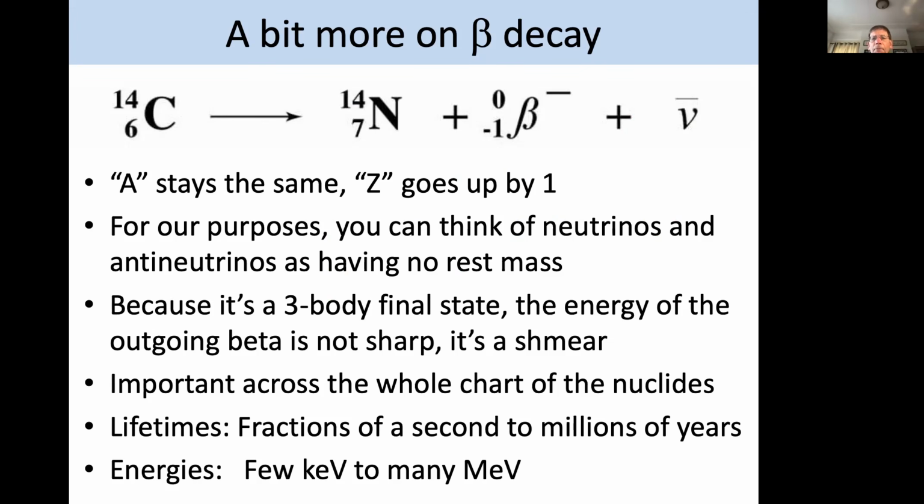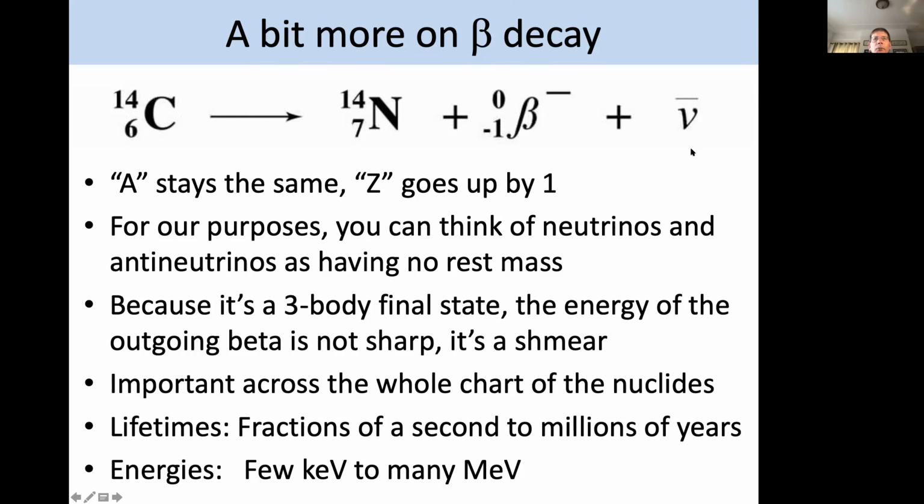Now, I mentioned that there are variants to this. For things which are neutron rich, a neutron will become a proton, and to balance charge, you have an electron and an antineutrino. If I'm on the other side of the valley of stability, with something proton rich, which doesn't happen too often in things that we care about, the proton will become a neutron and give off a positron, or anti-electron, and a neutrino.